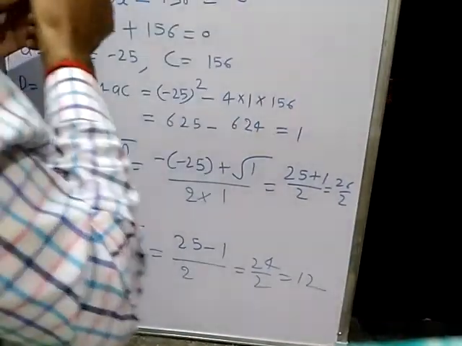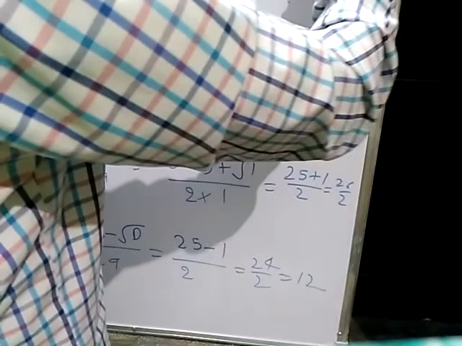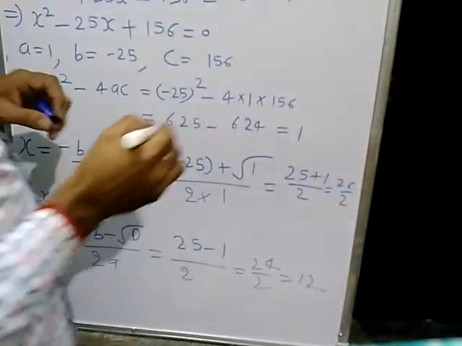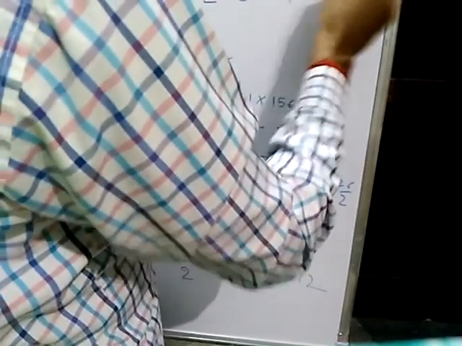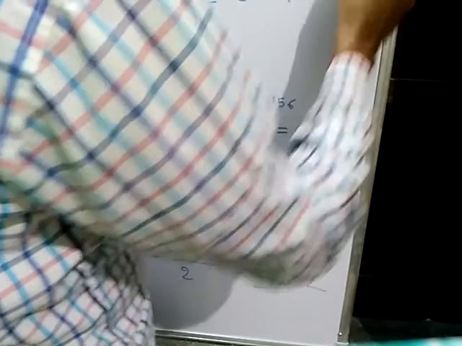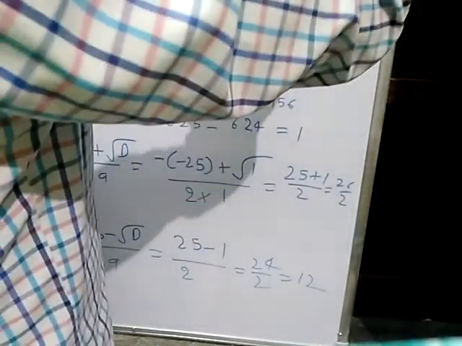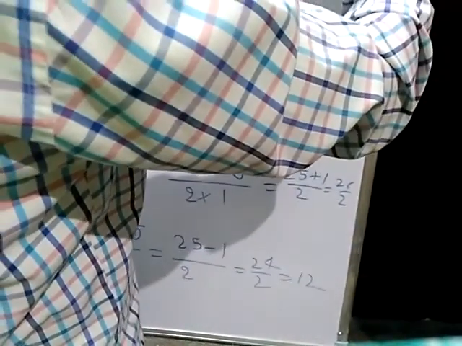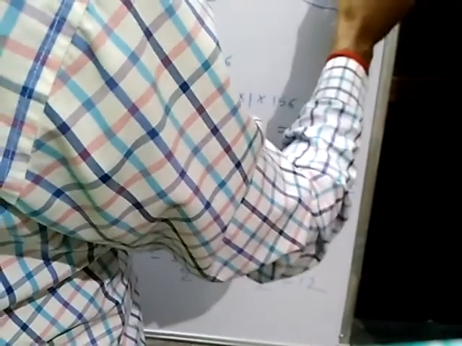13 plus 2 more is 15, and 3 less than 17 is 14. Now find the product: 15 into 14 is 210. So this is the correct answer, verified. Second, if she got 12 marks in maths, 2 more is 14, and 18 in English, 3 less is 15. 15 into 14, the product is 210.